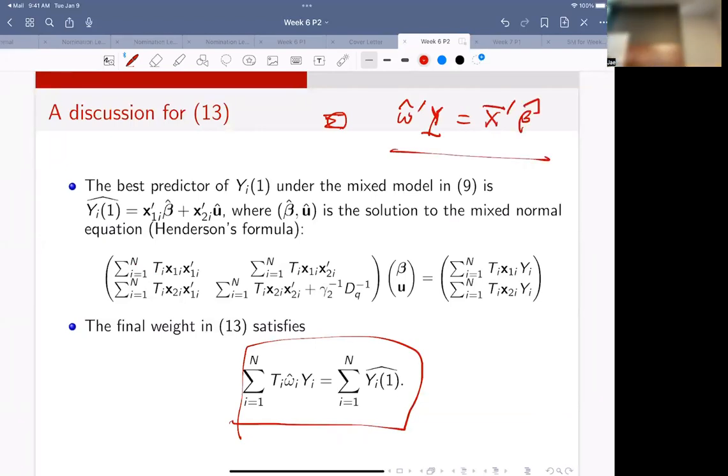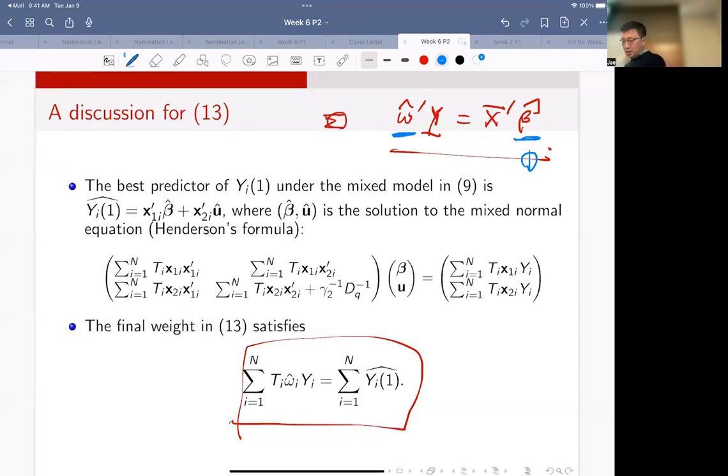So you could compute theta hat, and view it as a linear function of y. So you first compute this one, and then we know that beta hat is linear in y, so then you can actually obtain a weight, right?